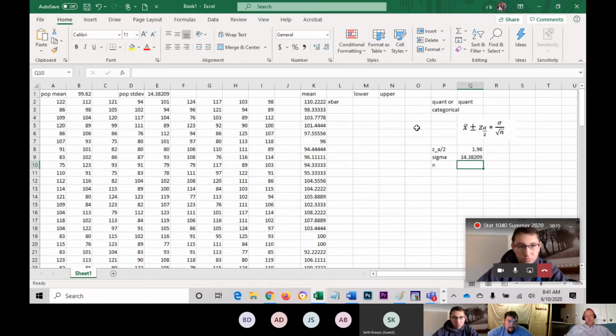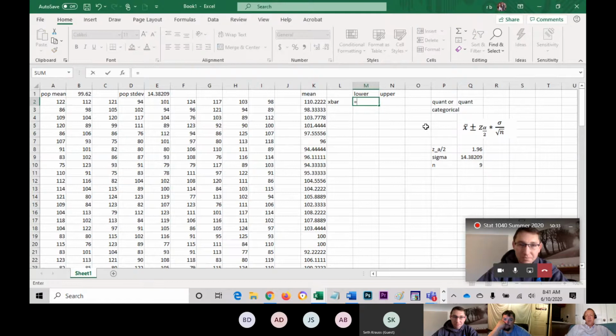And your N, what's your N in this case? 10. I think it was only 9. 1, 2, 3, how many do we get there? Yeah, it's actually 9. All right, so we've got all the information we need here for a lower and an upper confidence level. So what I'm going to do is I'm going to use this formula here.